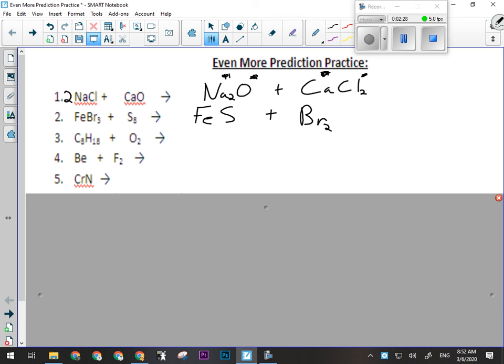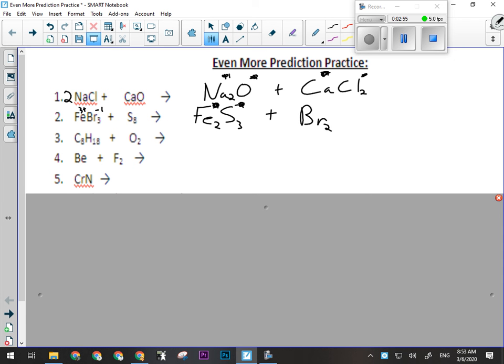Now, iron has more than one possible charge. It can be a 2 or a 3. So I need to go back over to this side and figure out what it is. Bromine's a -1, and there's 3 of them, so this must be the iron that is the 3+ charge. So 3+, sulfur's a -2, I'm going to have Fe2S3. All right, looking like we're going to have some big numbers here.